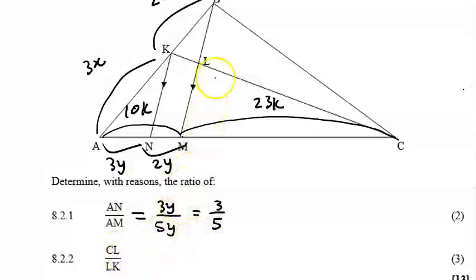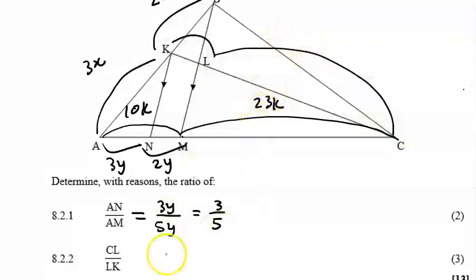CL over LK, that's now going to be 23k over, and here we need NM in terms of k. We don't have it yet.